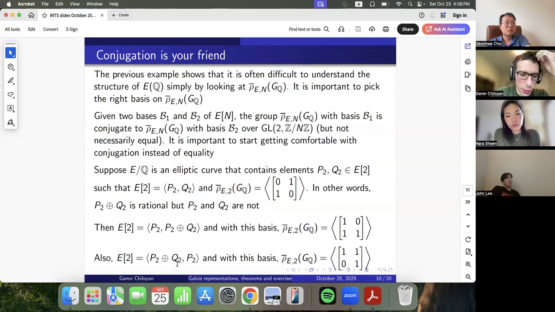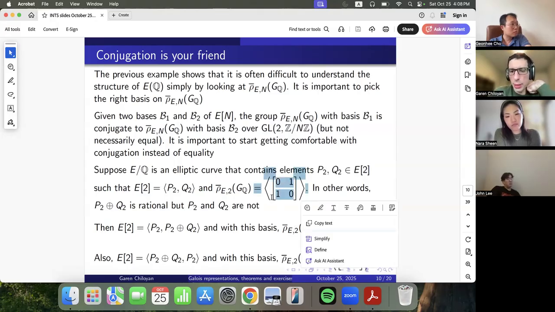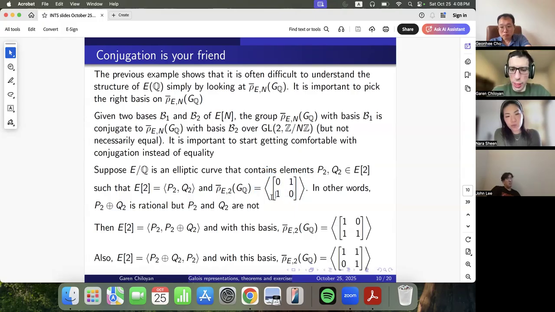On the other hand, if you put the rational point as the first basis element, then the image looks upper triangular. Upper triangular and lower triangular is much easier to work with than this group. But you're not forced to work with any group. You can work with any group you want, so long as you give yourself conjugation. Conjugation is your friend, and that is what we should conclude with.